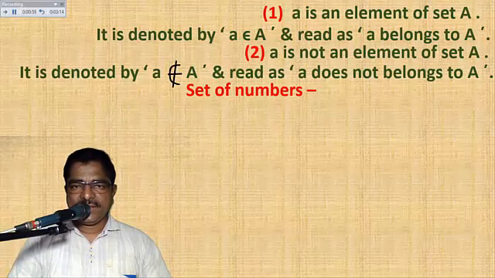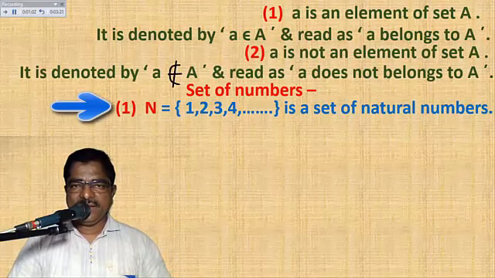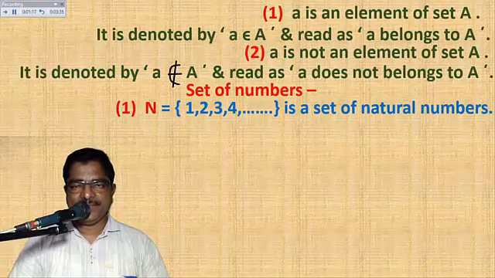Some sets of numbers we see here. First, N is equal to 1, 2, 3, 4 up to infinity, and that collection is the set of natural numbers.